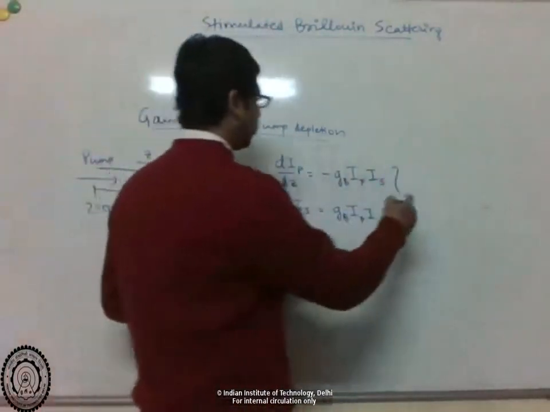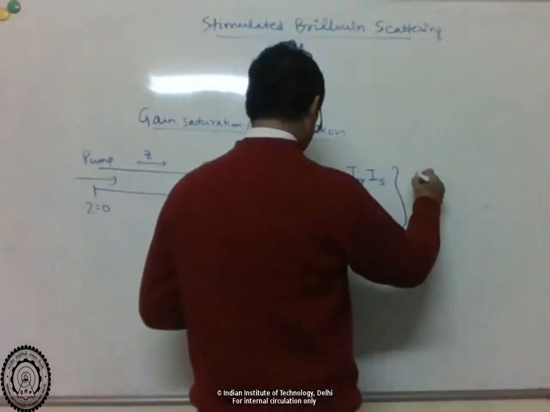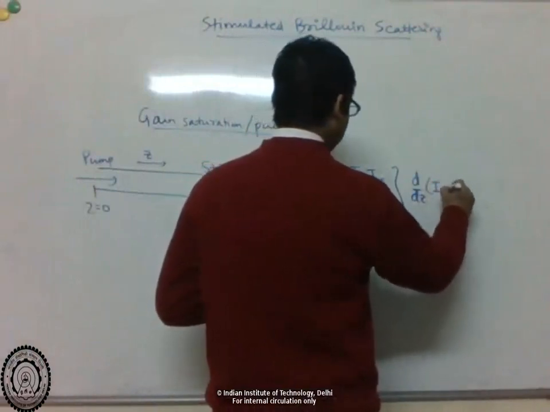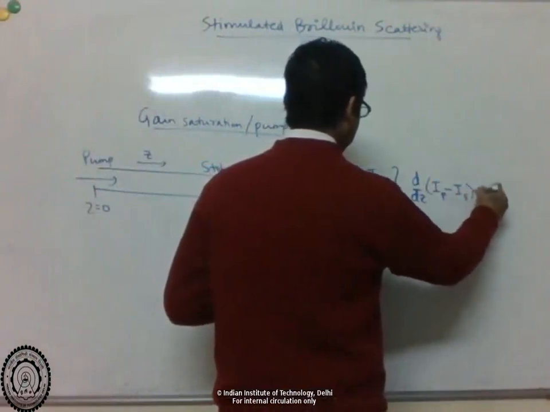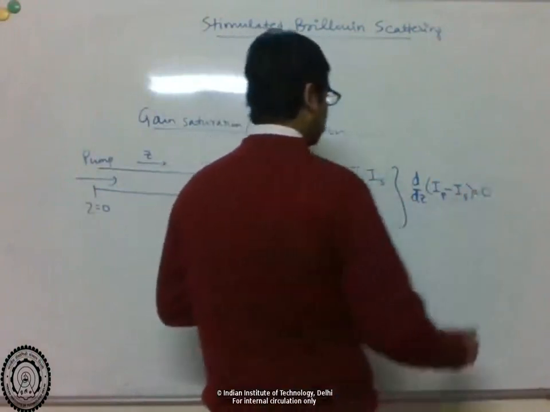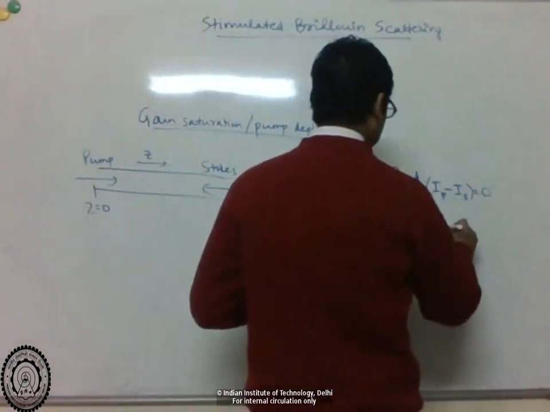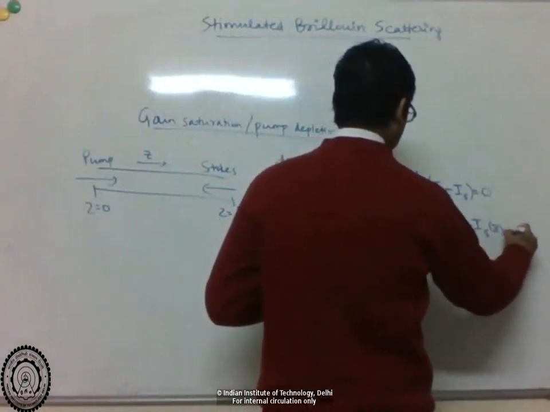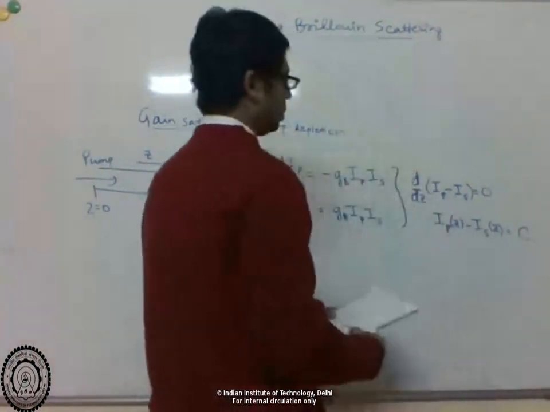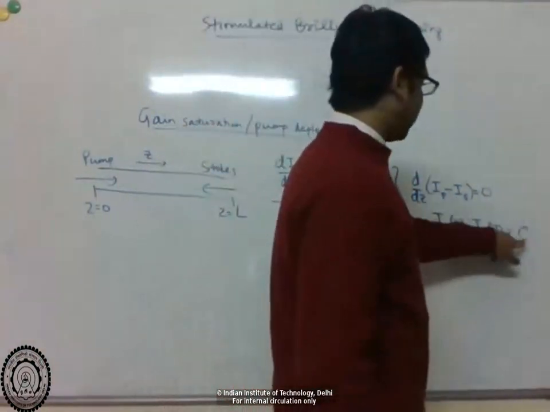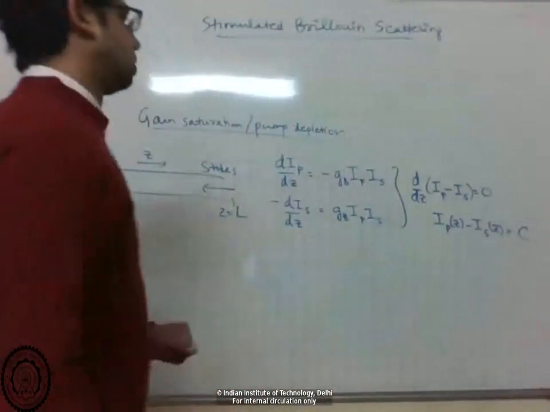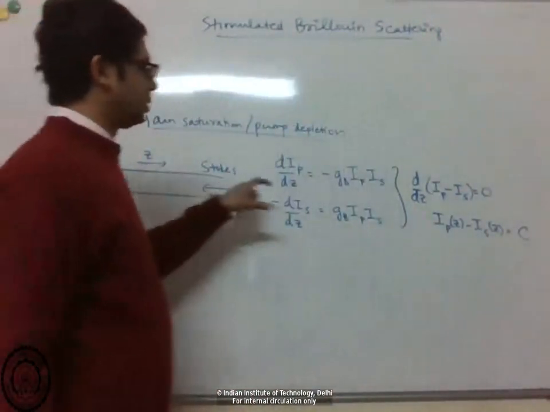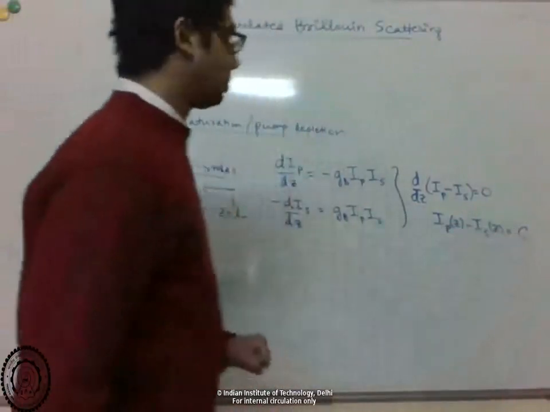Of course, if you just add these two equations, you can see that IP minus IS is a constant. Let's denote this constant by some capital C. So at any distance, the difference in the pump and Stokes intensity is a constant.